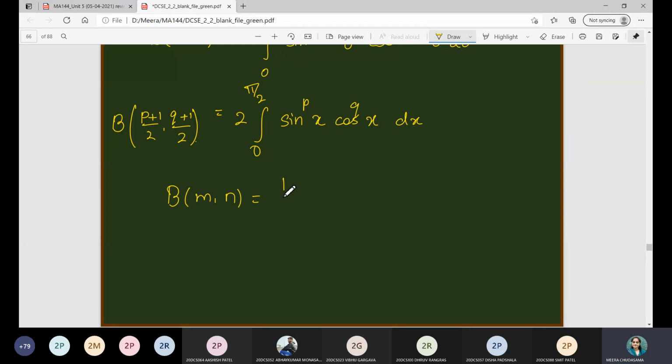Beta of m n is equal to gamma of m into gamma of n upon gamma of m plus n. Very good, right?